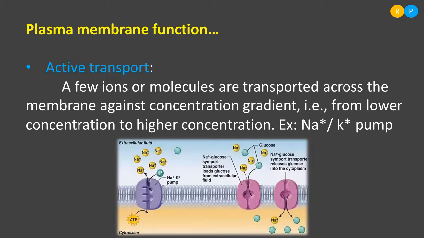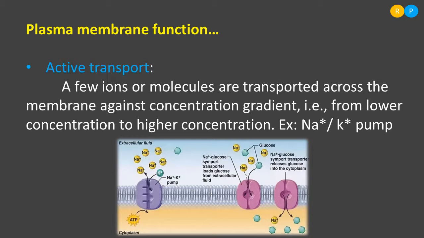Clear? This is the actual procedure followed by the sodium potassium pump. For this kind of movement, energy is very essential. The pump utilizes energy. Where does this energy come from? ATP is the kind of energy. This energy is present in the cell.